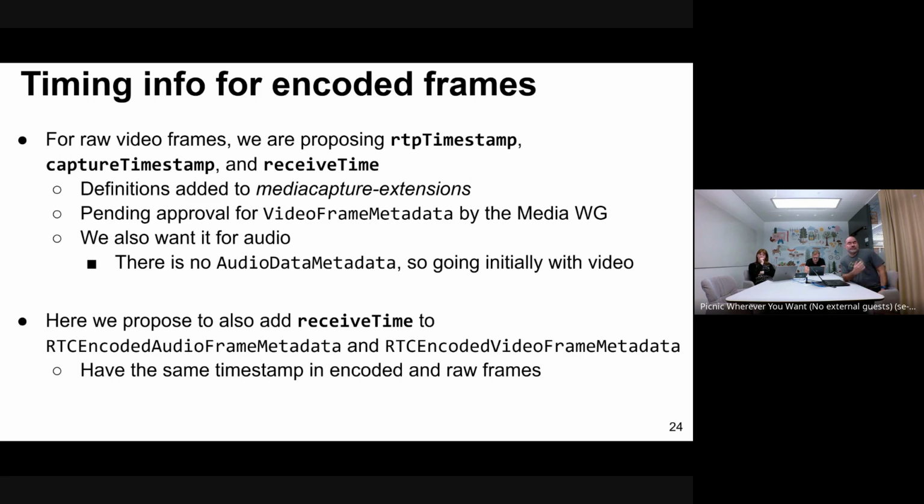We sent a PR there, and the feedback was that we needed to properly define those things, which we have already done in media capture extensions. So we are just waiting for final approval in the media working group for these fields, which will be discussed today later.